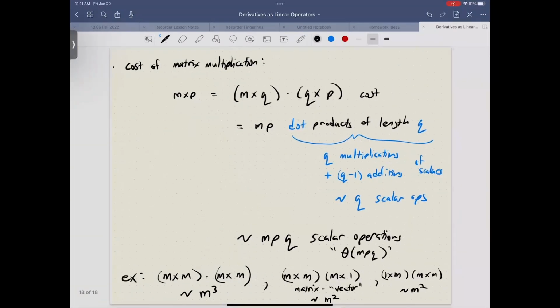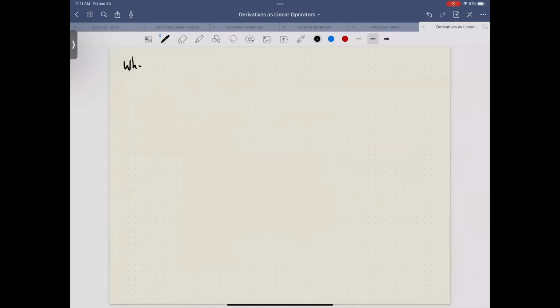So why does this matter? Does the order of the chain rule matter? Suppose you have lots of inputs and only one output.